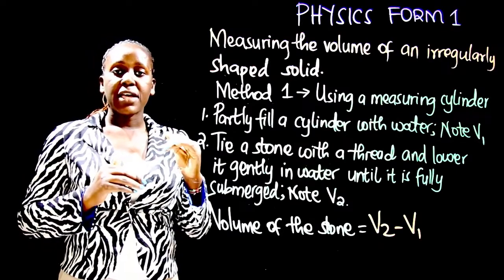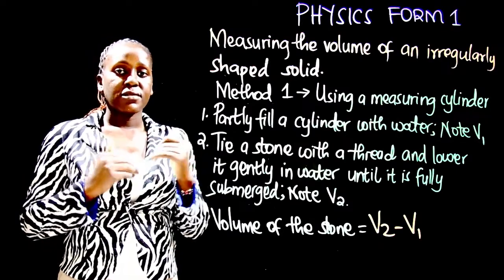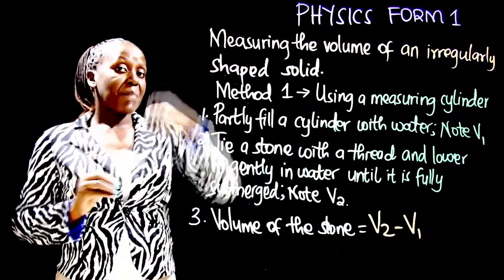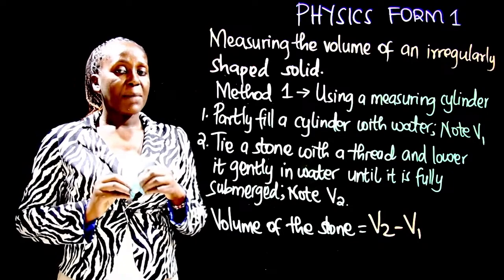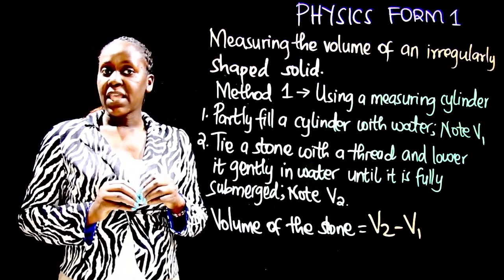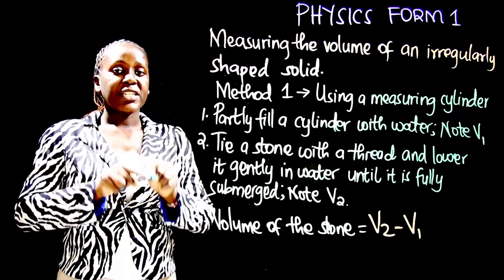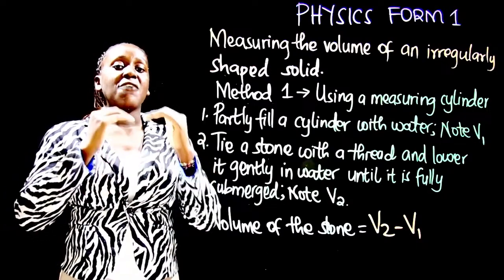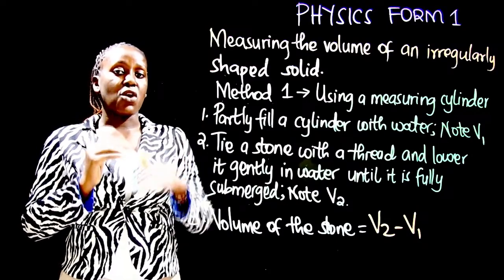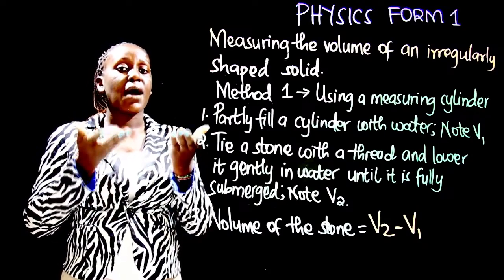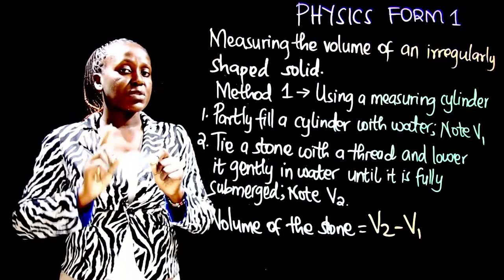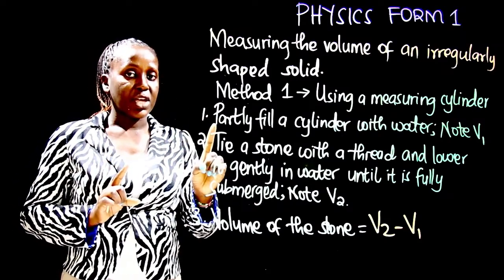Not halfway, not quarter way, but fully in the water. After submerging it, what do you expect to happen to the level of the water? The level of the water will definitely go up because the water will have created space for the stone to occupy. So space means volume.